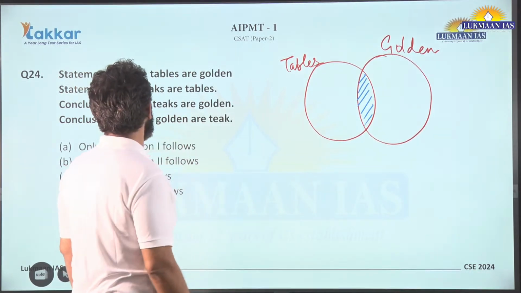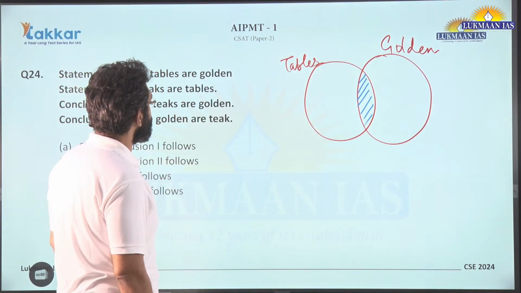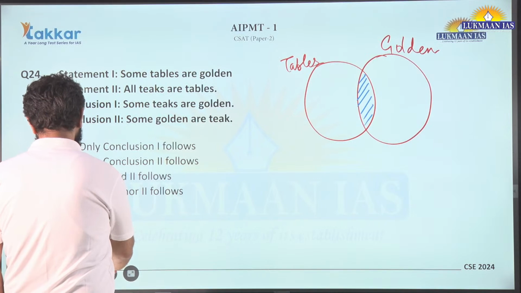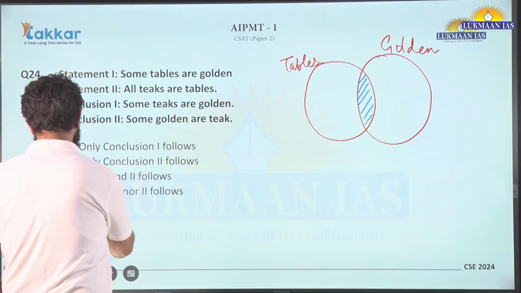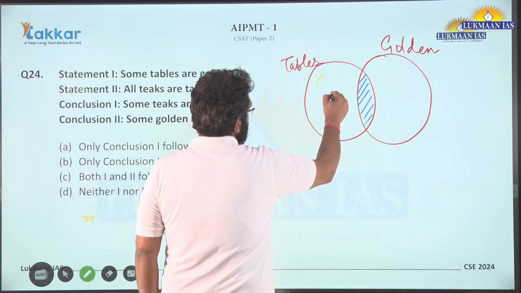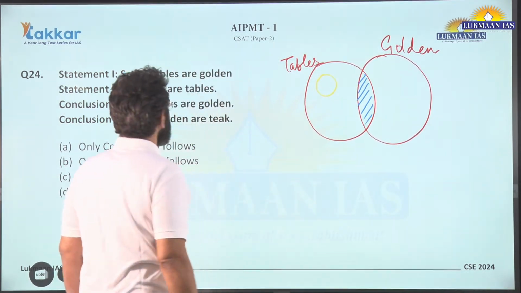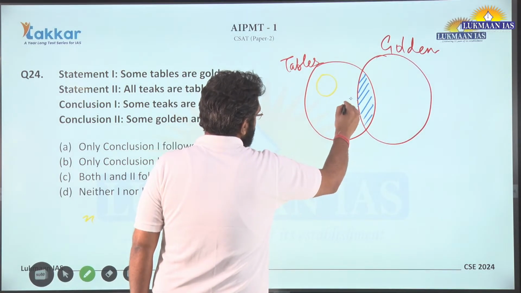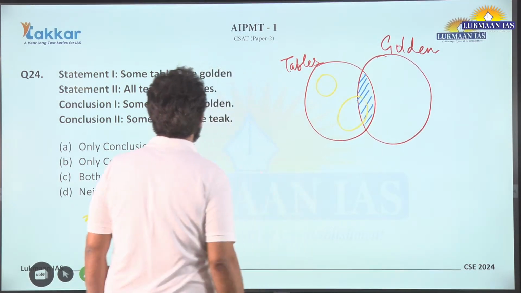This is some tables are golden and all teaks are tables. All teaks are tables, and this is also correct if we try to see all teaks are tables.